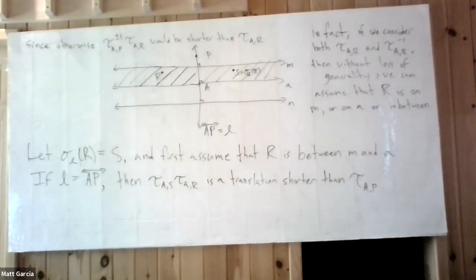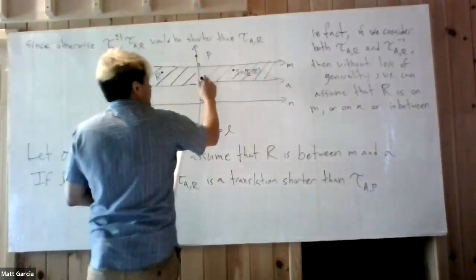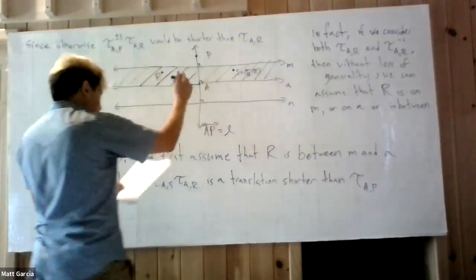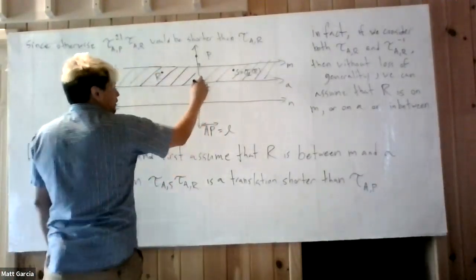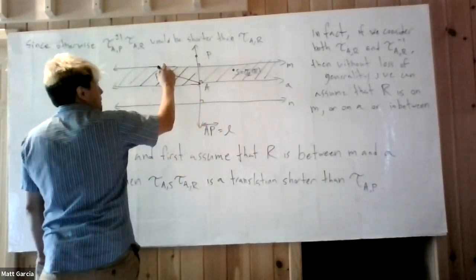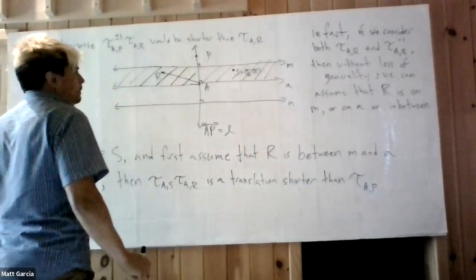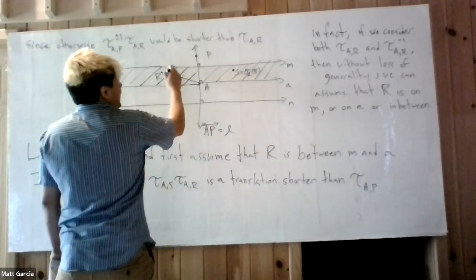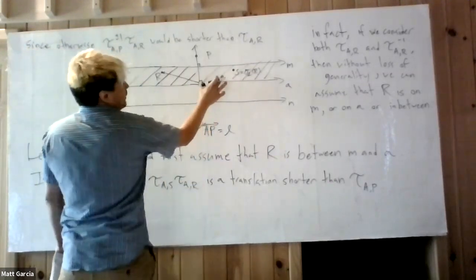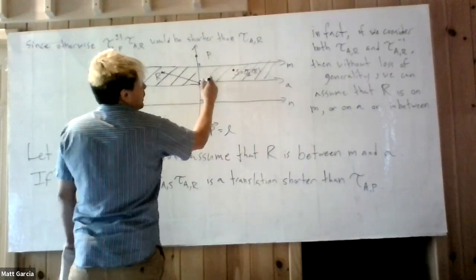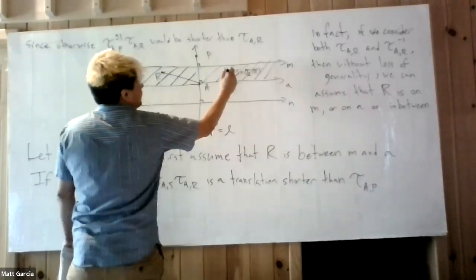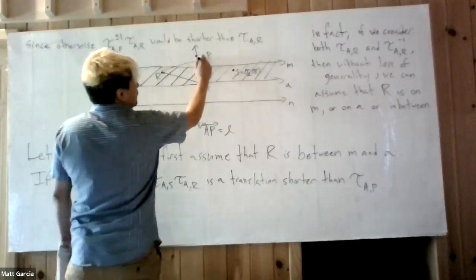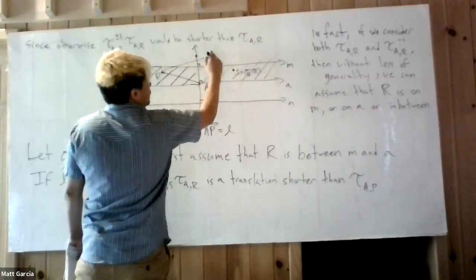So now what I'm saying is that the translation, first we do the translation from A to R, right? And then we look back at this translation. The translation from A to S has this vector, right? So we just translate that vector over here.